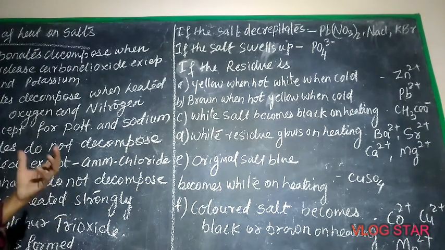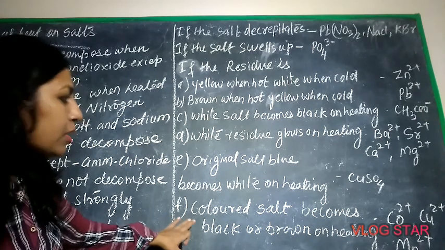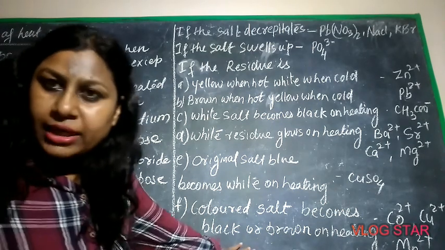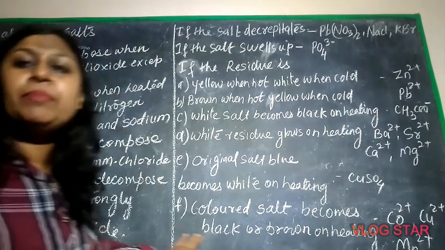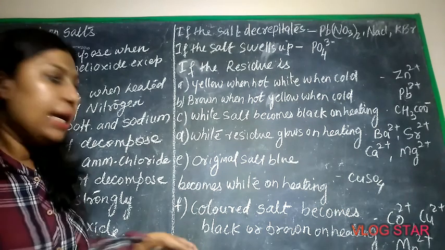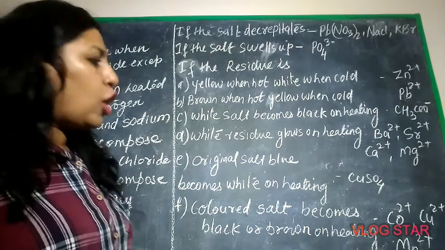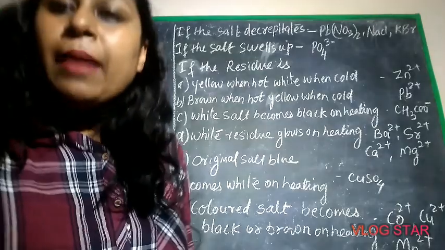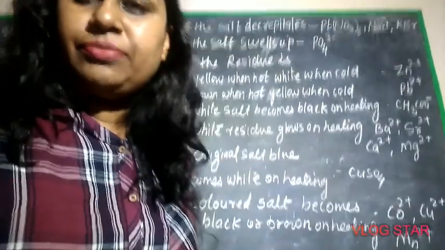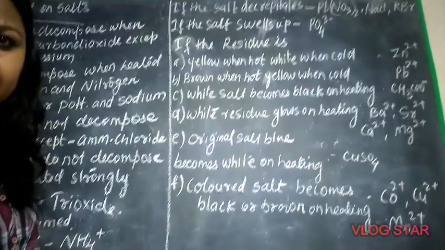Then, if the colored salt becomes black or brown on heating, maybe cobalt 2+, copper 2+ or manganese 2+.